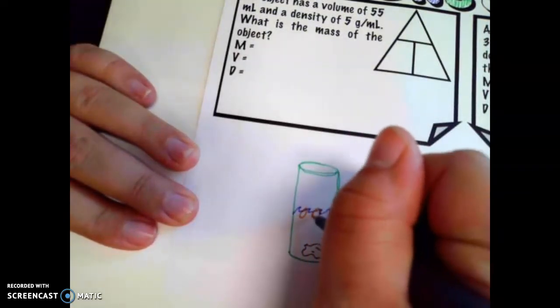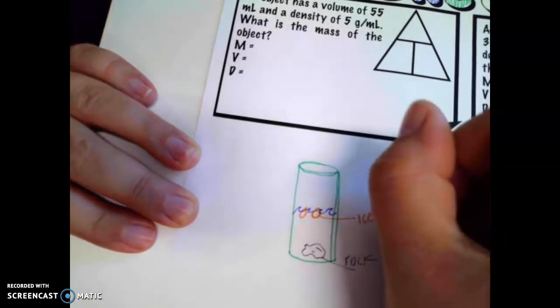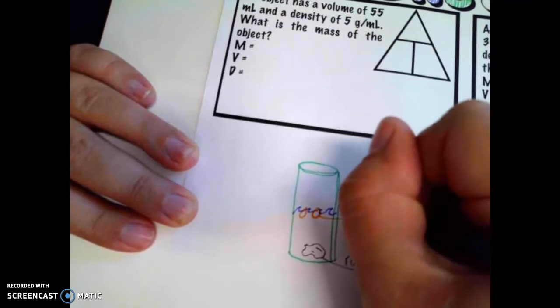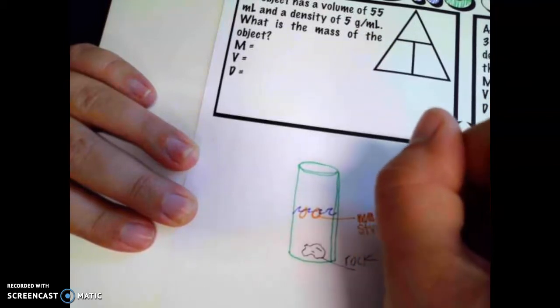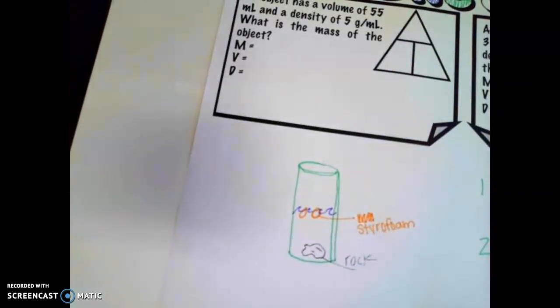Now, ice generally floats on top of water. Or you can even think of this as, maybe we won't call it ice, maybe we'll call it styrofoam, like pieces of styrofoam cup.